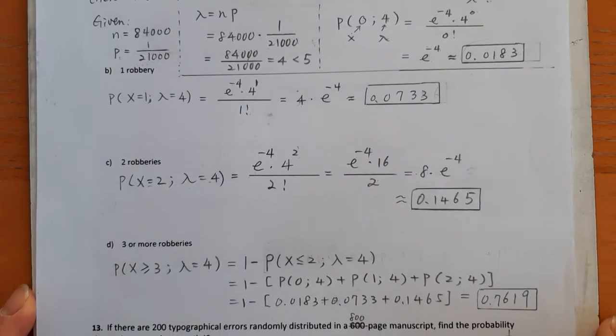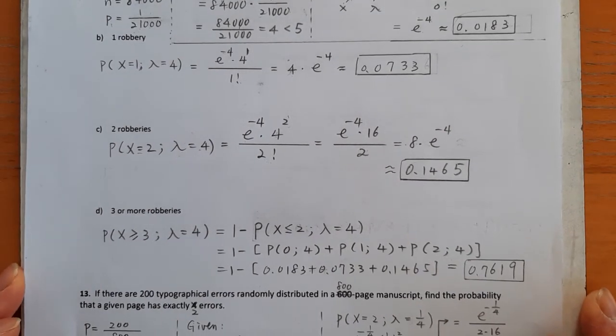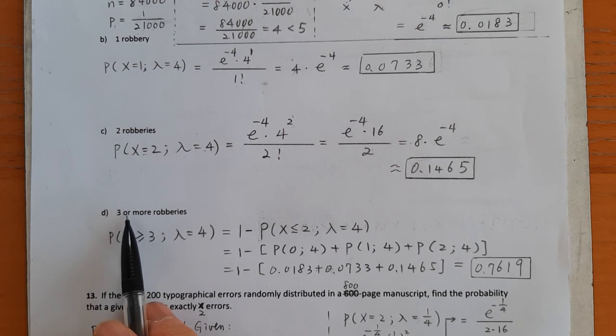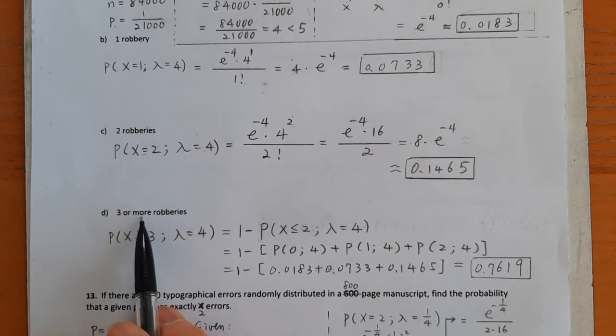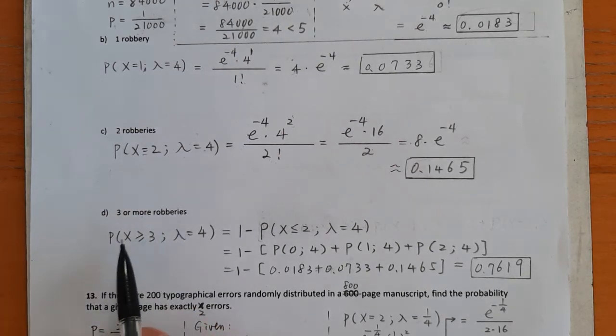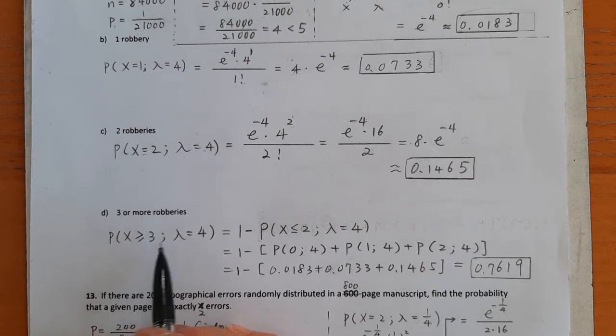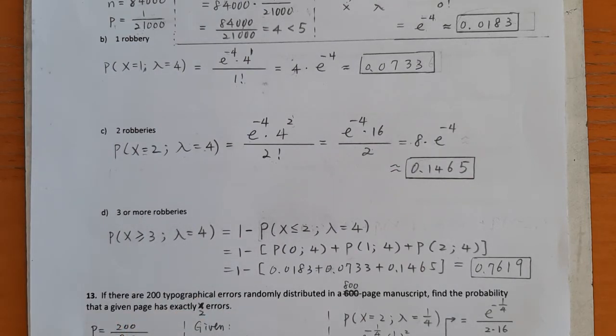And the D. It's the probability of 3 or more robberies, which means x equals 3 or more than 3. So find out the probability of x greater than or equal to 3. Lambda is 4.